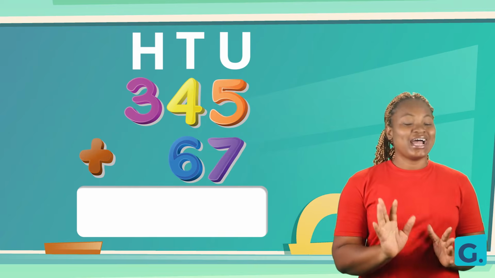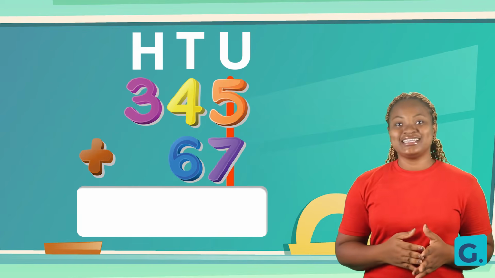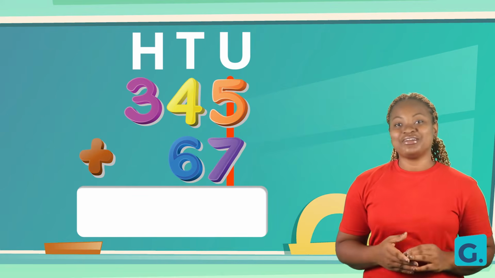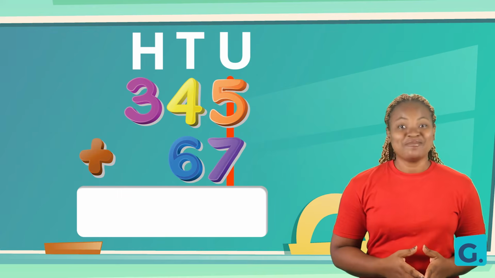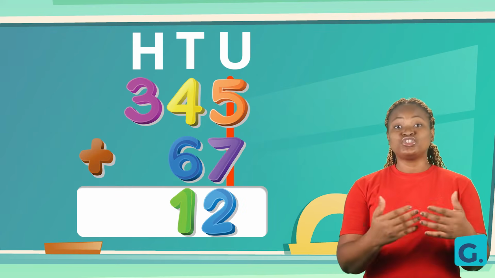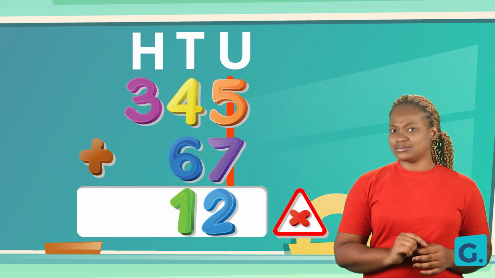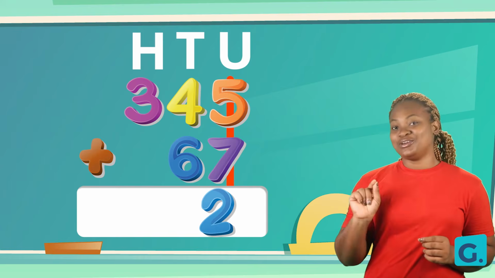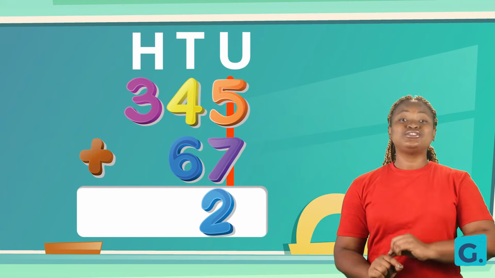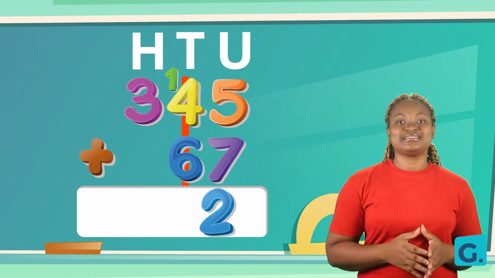Remember, when we are adding up, we start from where? The units. And that would be 5 plus 7. If we are to count on, starting with the bigger number, 5 plus 7 will give us 12. Remember, we can't put 12 under the units. So, we are going to put 2 under the units and then carry 1 to the tens place. Now, let's move to the tens.